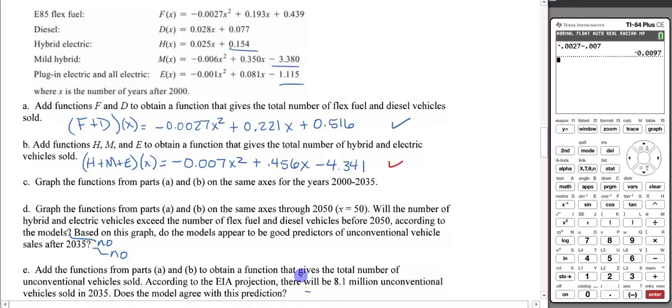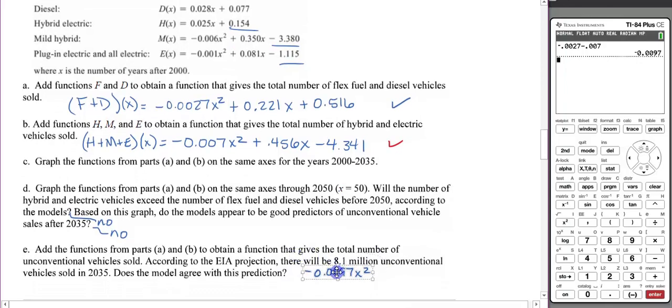That gives me a negative 0.0097x squared. Move this over so we have a little more room to write. And we'll just call this T of x, the total of all of those unconventional vehicles.